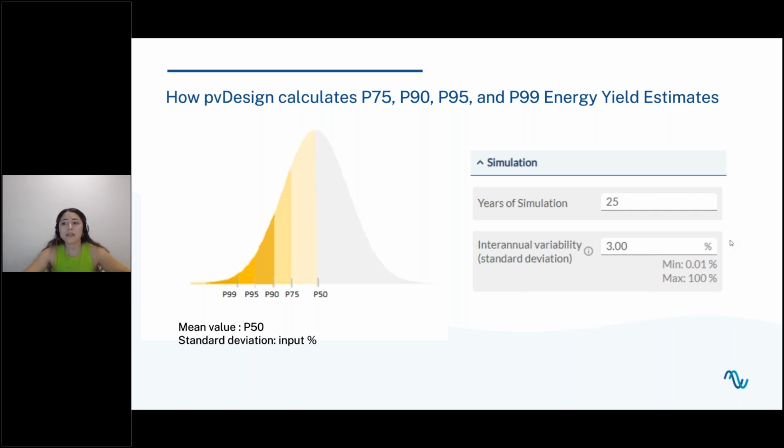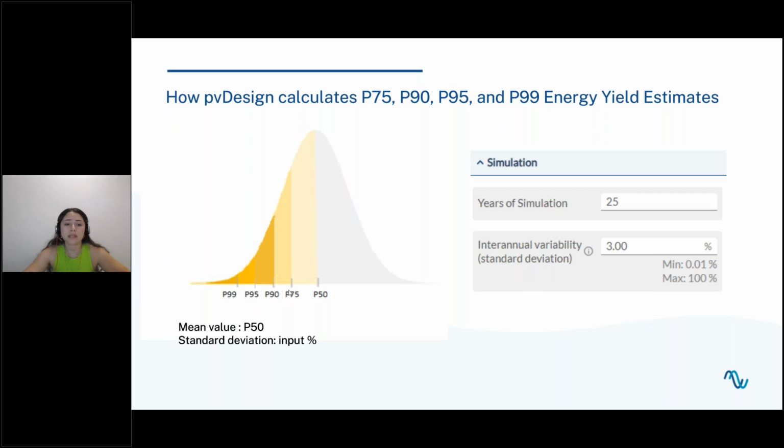If the data is representative of an average over several years, the simulation result is considered as an average and corresponds to the P50 and will be the mean value of the Gaussian distribution. The P50 also corresponds to the annual production level that is expected to be exceeded with 50% probability.